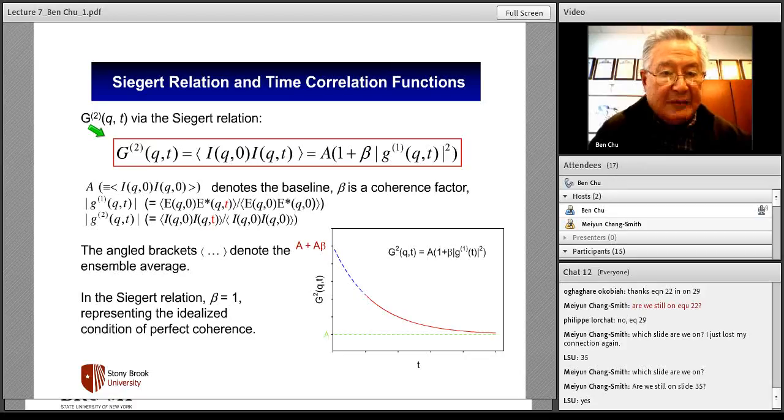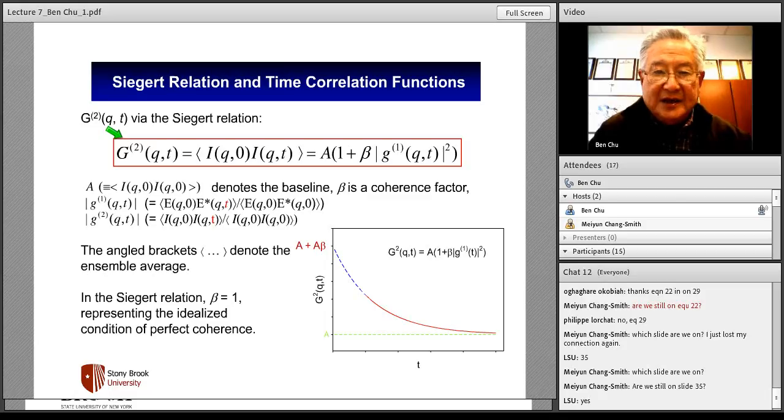The ensemble average of the intensity time correlation function is a second order time correlation function, and that equals A(1 plus beta G1(Q,t)).